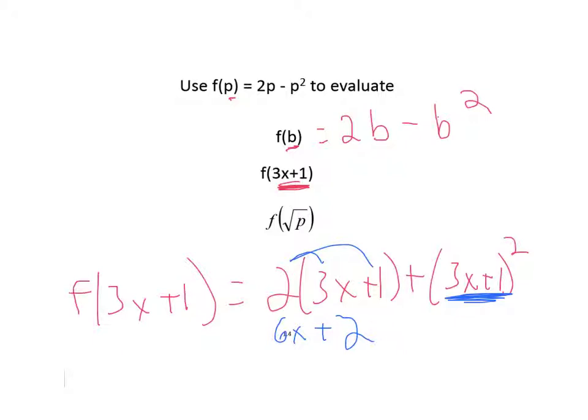So plus 9x squared, plus 1. You got to FOIL it, young lady. 3x plus 1 times 3x plus 1. You aren't the first person to fall for that. I have fallen for it before myself.